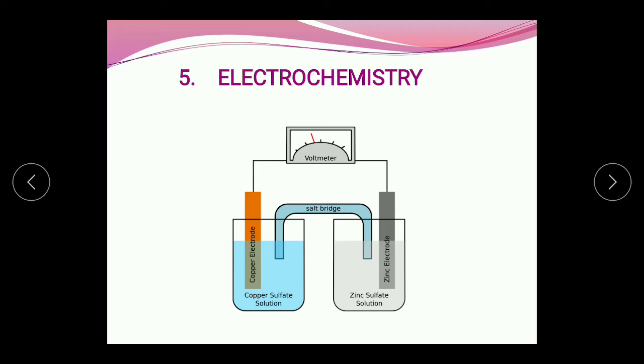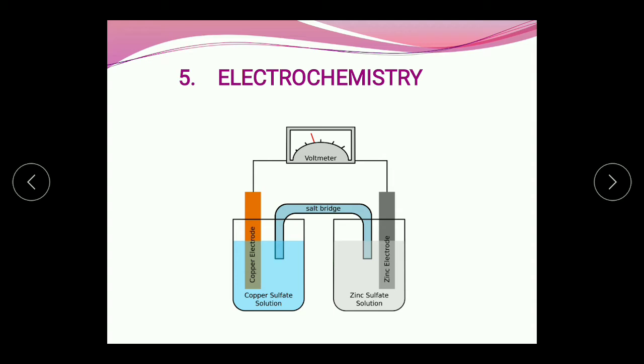So, what are the reactions that are taking place in case of molten NaCl? As usual, there are two electrodes. One is anode, another is cathode, and as our principle says, at cathode there is reduction, at anode there is oxidation. So, what is the oxidation half reaction in case of molten NaCl?